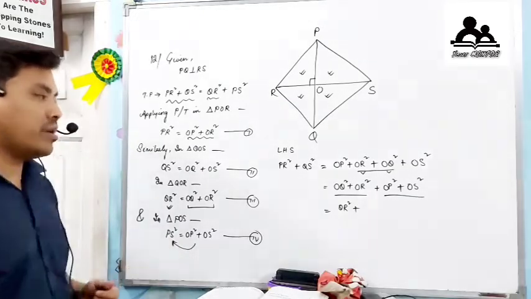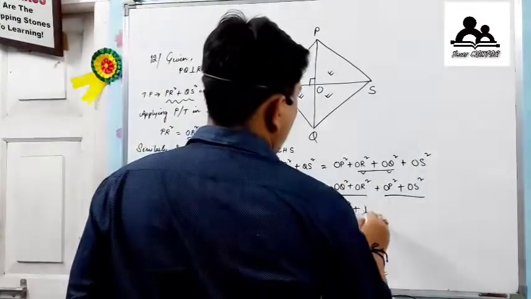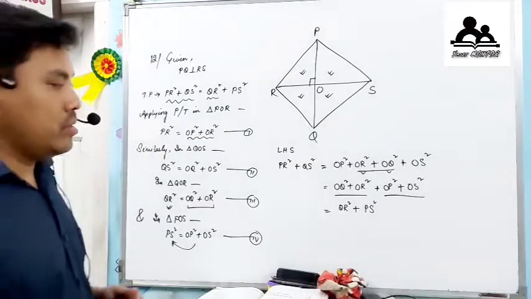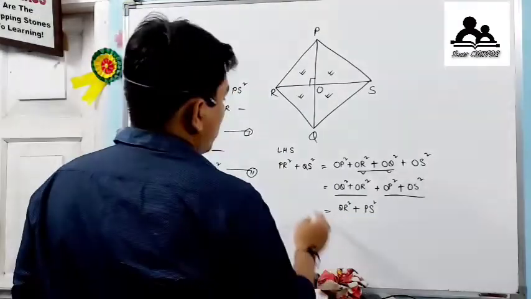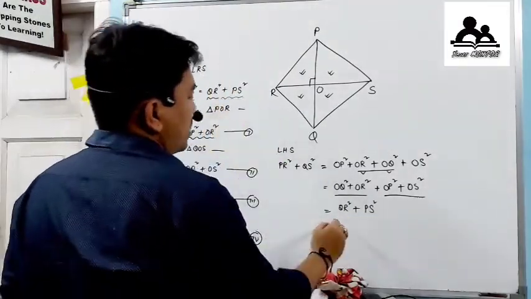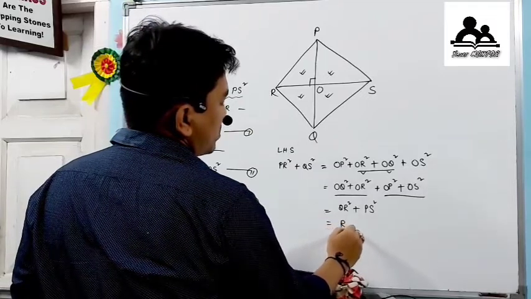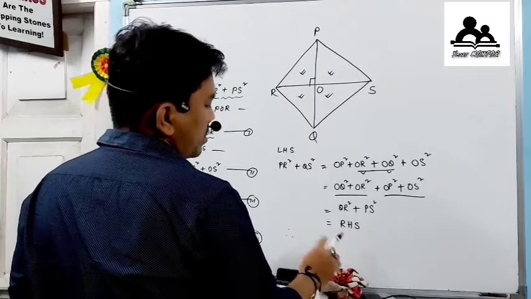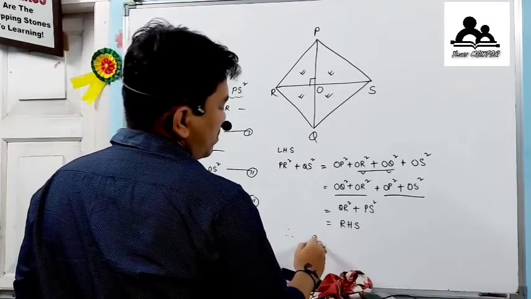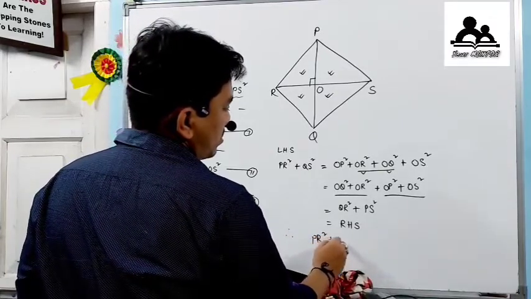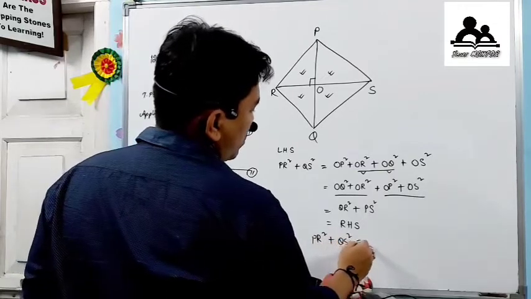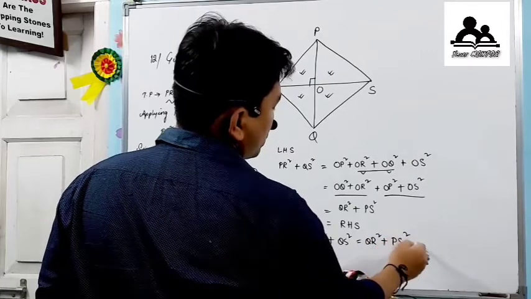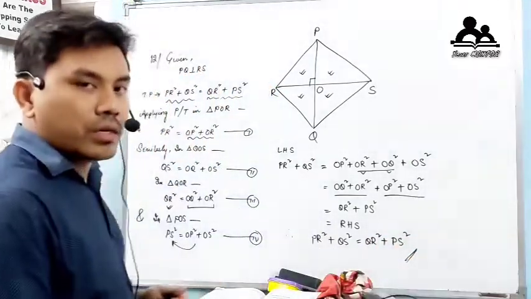So we'll write here PS square. Can you see here, this is in the right hand side or not? Yes. So from the left hand side we have got the right hand side. Therefore PR square plus QS square will be equal to QR square plus PS square. Hence proved. Is it clear?